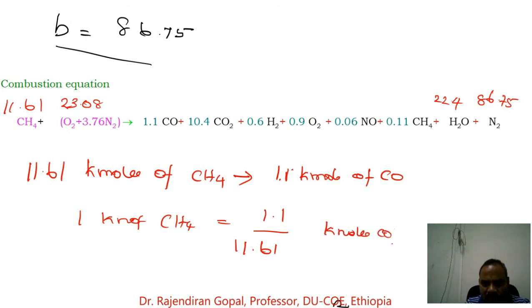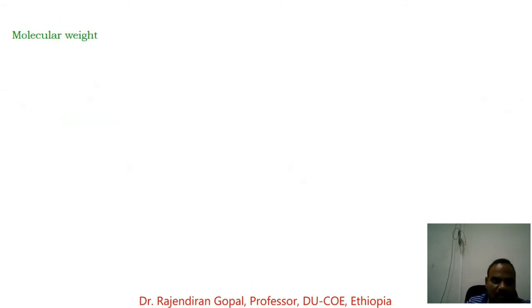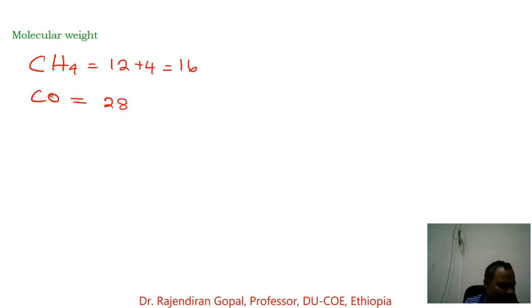When we come to the mass basis, first we have to identify the molecular weight of each constituent. The molecular weight of methane is equal to 12 plus 4, which is 16. The molecular weight of carbon monoxide is 28. Carbon dioxide is 44.